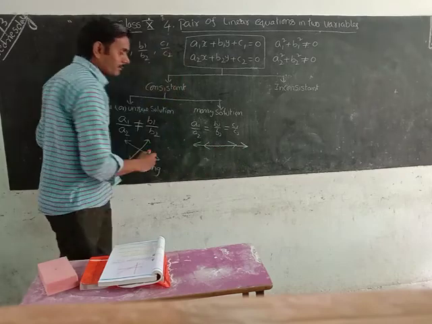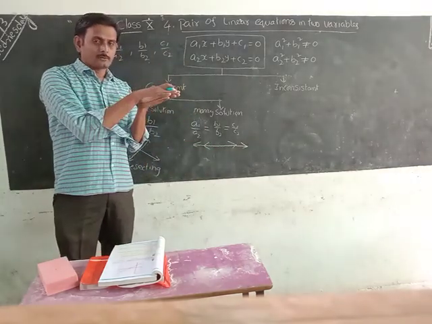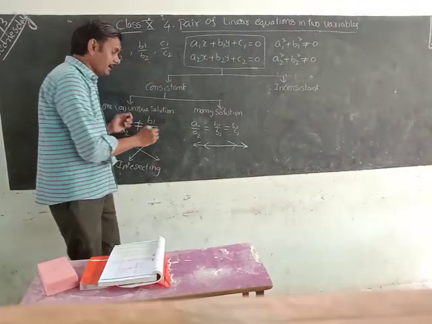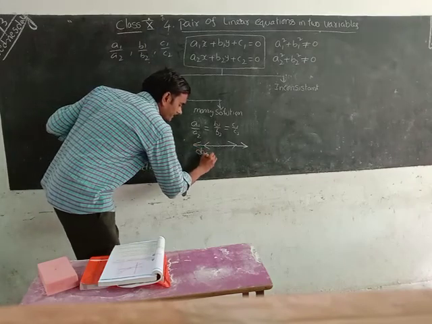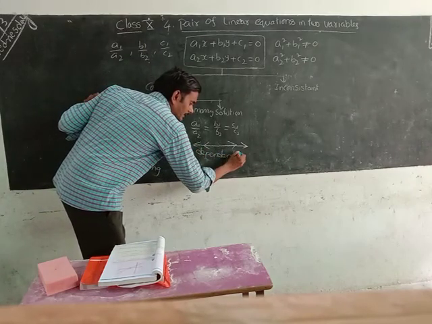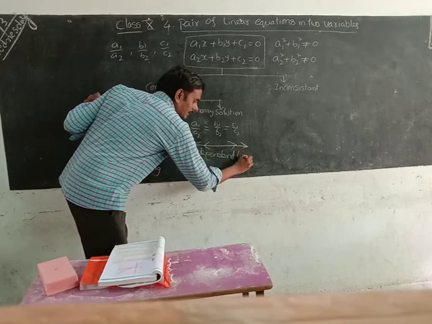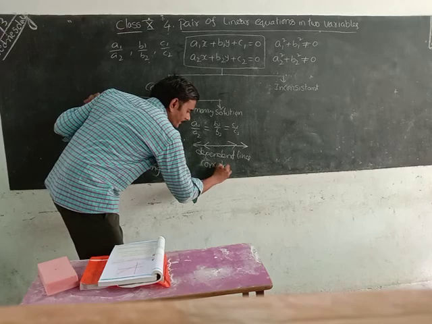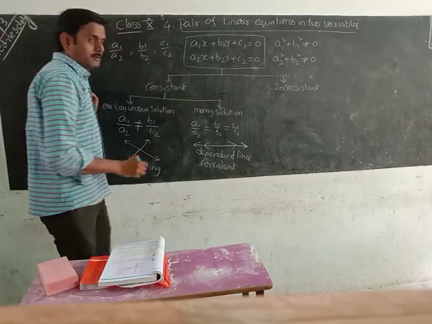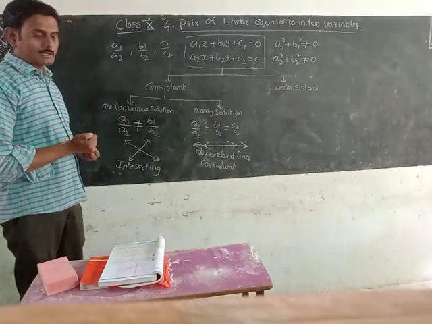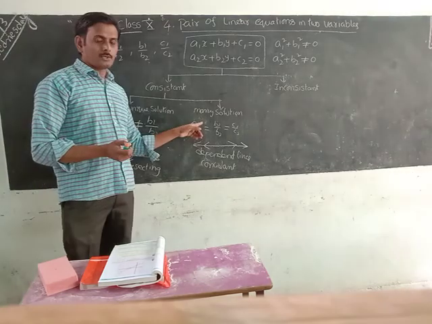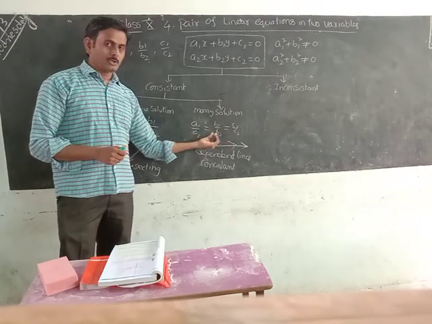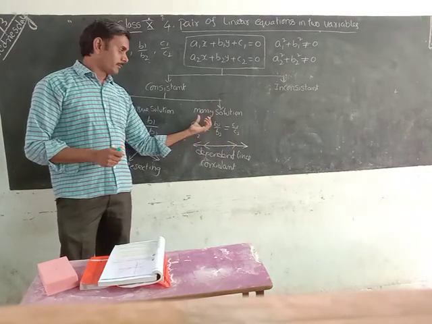That means the two lines overlap each other. These lines are called dependent lines, and also coincident lines. Whenever the ratios a1 by a2, b1 by b2 and c1 by c2 are all equal, they will have many solutions.